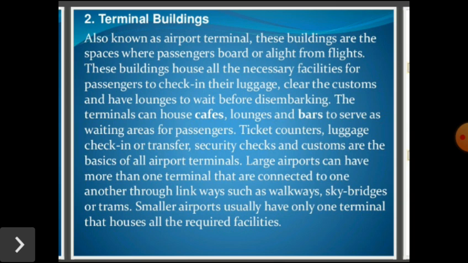The terminals can house cafes, lounges, and bars to serve as waiting areas for passengers. Ticket counters, luggage check-in or transfer, security checks, and customs are the basics of all airport terminals. Large airports can have more than one terminal that are connected to one another through linked ways such as walkways, sky bridges, or trams. Smaller airports usually have only one terminal that houses all the required facilities.